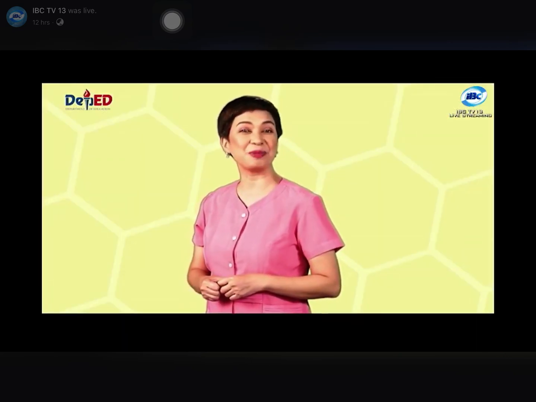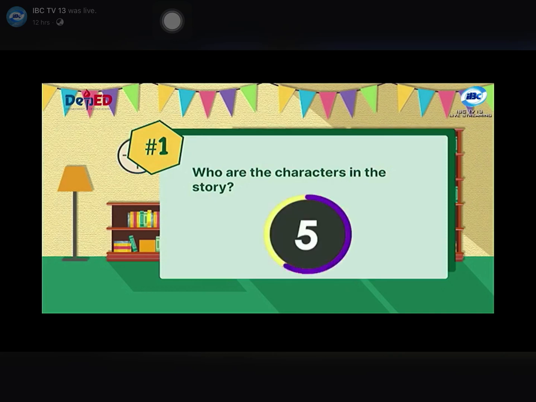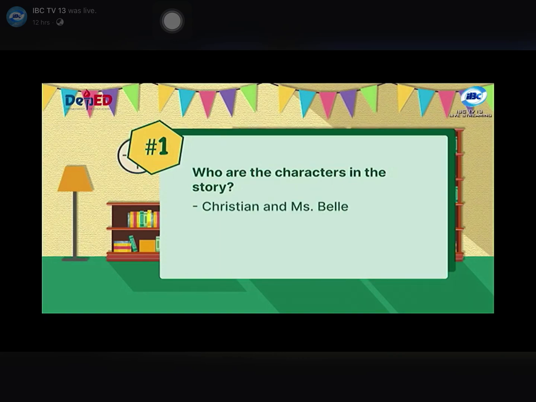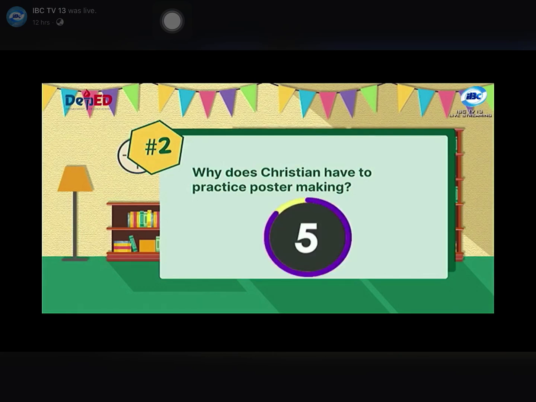Now it's time for us to proceed to our next activity. The question for number 1 is, who are the characters in the story? If your answer is Christian and Miss Bell, then you are right. Number 2, why does Christian have to practice poster making? I think we have the same answer.